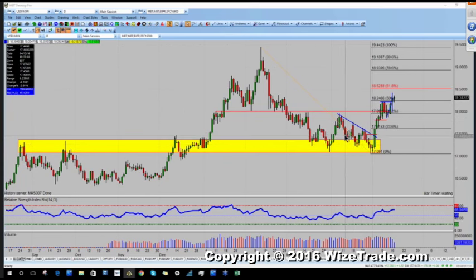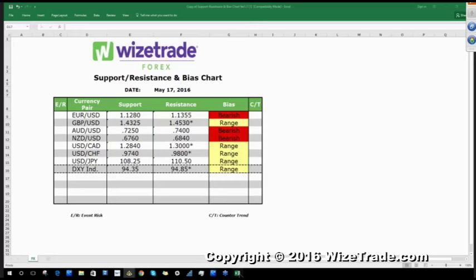Okay? All right. So 18.25 is the breakout point. That's holding. So I'm going to write down 18.25 as support. Resistance is at 18.52.